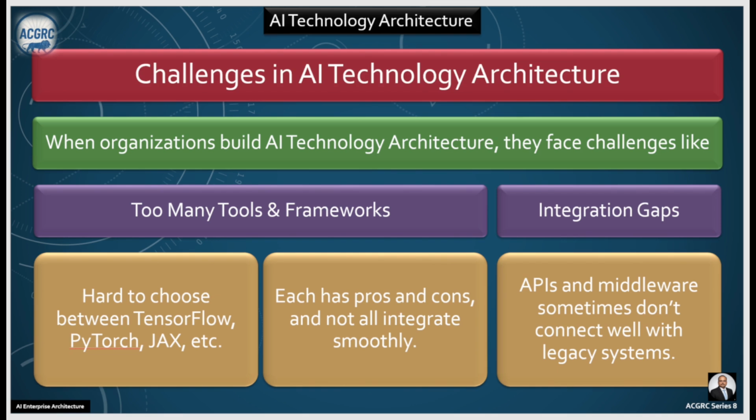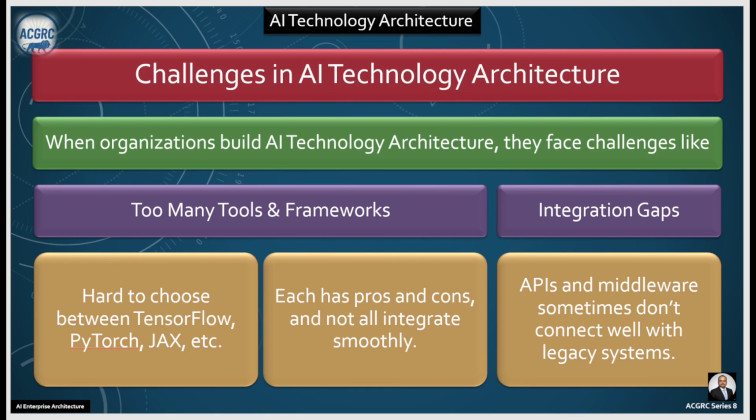When organizations build AI technology architecture, they face challenges like too many tools and frameworks, integration gaps, MLOps complexity, scalability issues, skill shortages, and security and compliance related challenges. Let's take a top view on each of them. From a tool and framework perspective, there are too many options, so it's hard to choose.